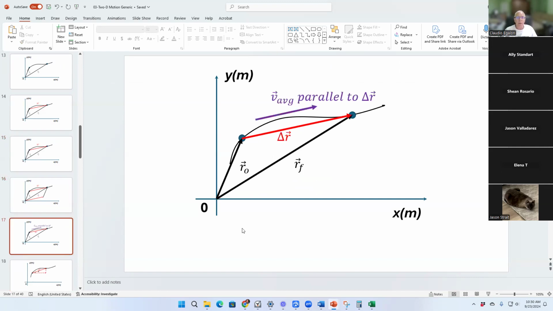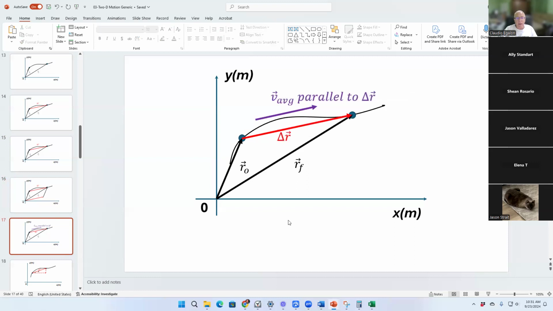And let's not forget that because the average velocity is defined as delta R divided by a scalar, the average velocity vector will be parallel to delta R. The magnitude may be different, and it also has different units. The average velocity vector has units of meters per second.